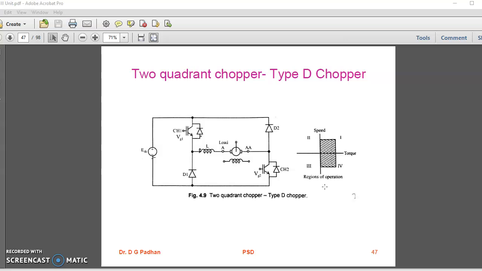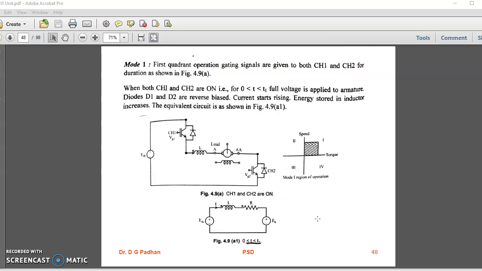In the type D chopper, there are two modes of operation: mode 1 and mode 2. Mode 1 is for the first quadrant operation, where the gating signals are given to chopper 1 and chopper 2.